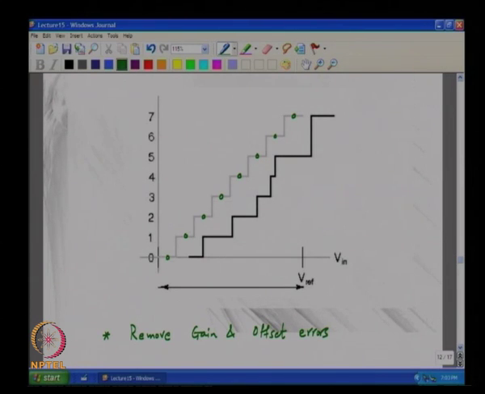If the staircase was ideal and I join the midpoints of all these codes, I should get a perfect straight line with an offset equal to delta by 2. Now I am going to do the same for my actual measured characteristic. I am not going to get a straight line; if I join all these points, I will probably get something like that.